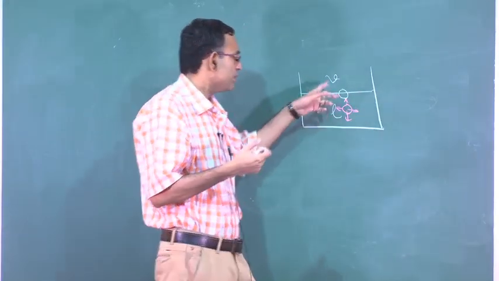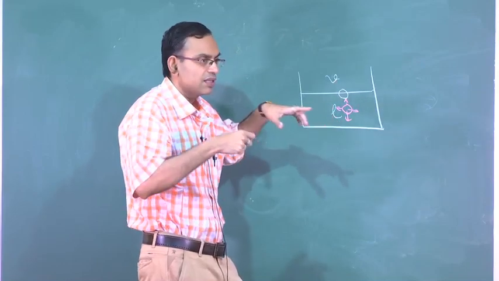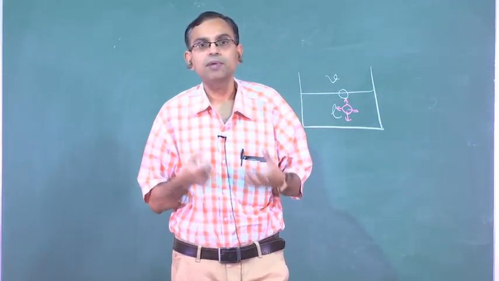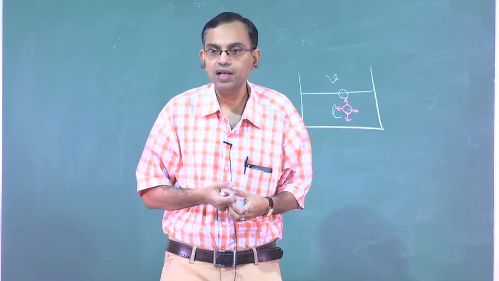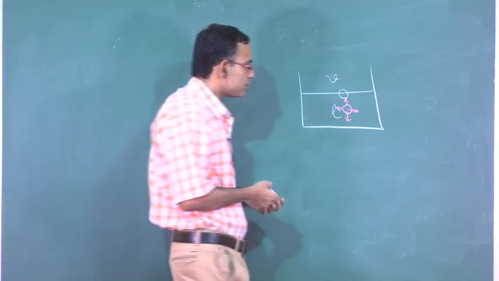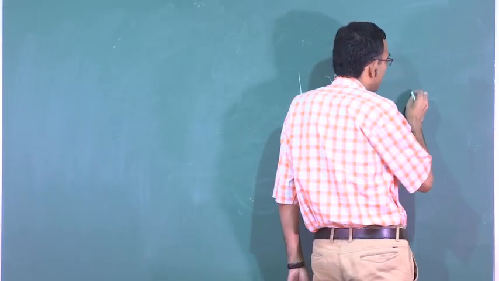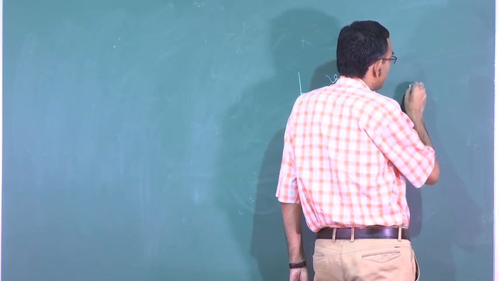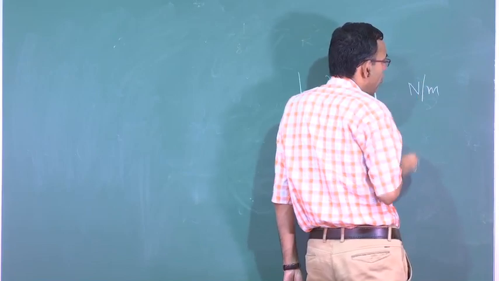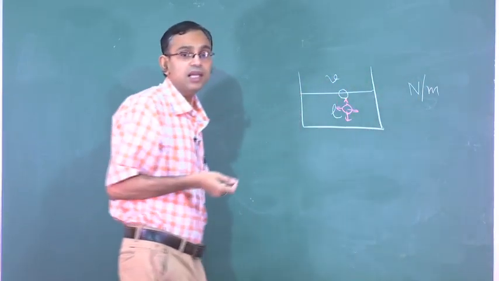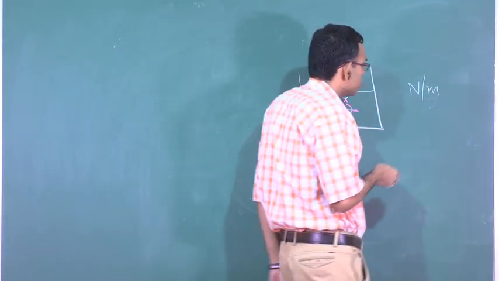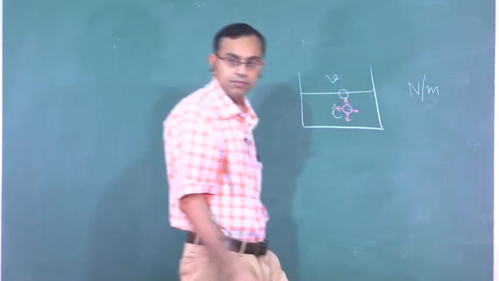Because of this differential force, it can be perceived that the interface is in some kind of tension, and that is called interfacial tension or surface tension. So, surface tension is expressed as either force per unit length, that is Newton per meter, or surface energy per unit area, which is also Newton per meter.